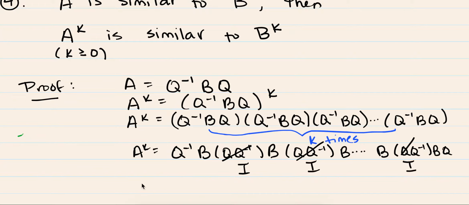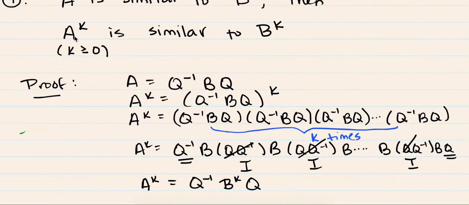And what we're going to be left with is A to the K is equal to, well, we still have this Q inverse here. And we're going to have, because we wrote this K times, KB, so B to the K. And we're going to be left with this Q as well. So you can see that A to the K is similar to B to the K.